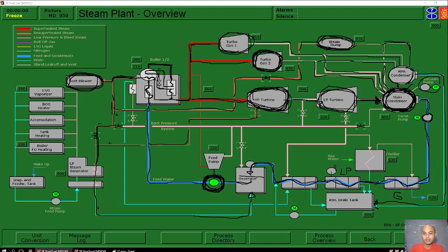And also you can use this line. So if there is low pressure in here in the turbine, we can also use this one going back to the deaerator. Or going back into this one.